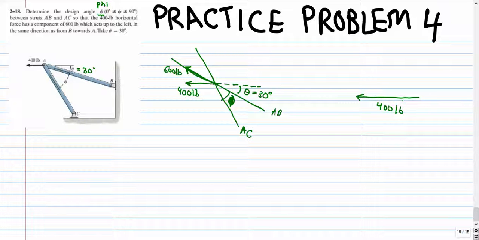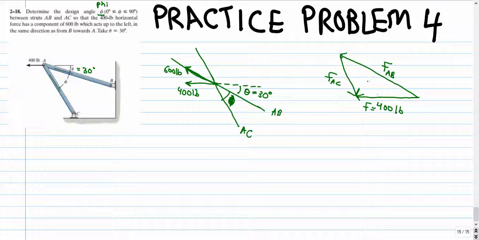Next, we can draw the 600-pound component vector along the AB axis, like this. And finally, we can draw the component along the AC axis, which should look like this. So this is FAB, well, this is FAC, and this is just F resultant.